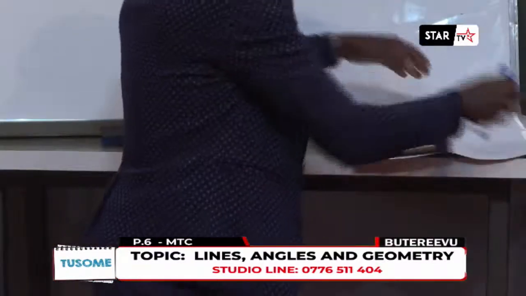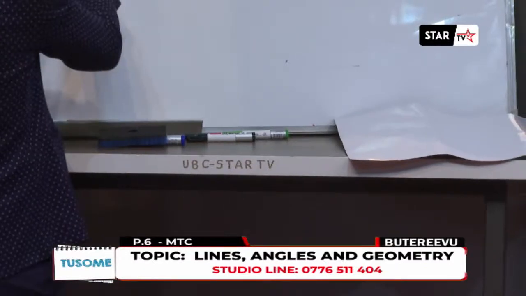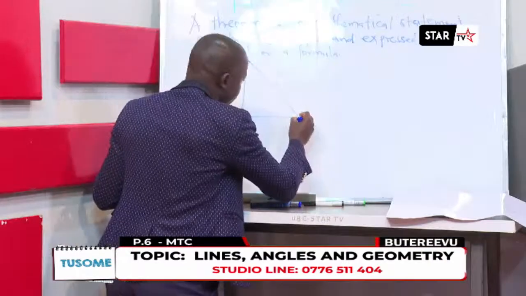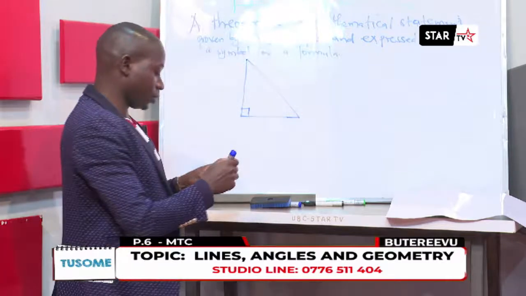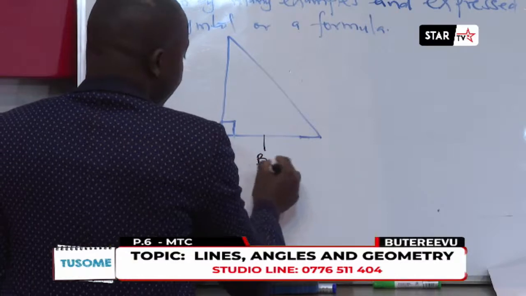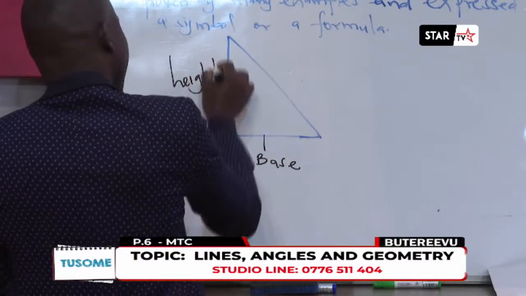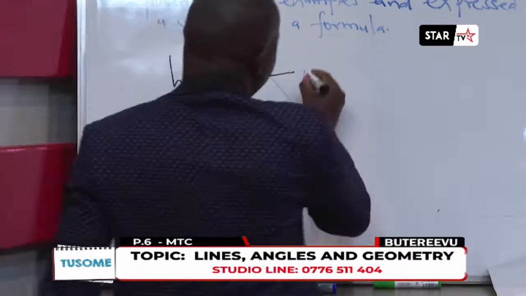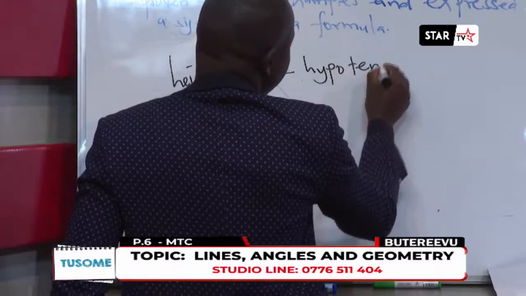We are saying when you have your right-angled triangle of this nature, there must be that symbol to show that it is a 90-degree angle. This is called the base. We have the height. And the slanting side, which is the longest side, is called the hypotenuse.